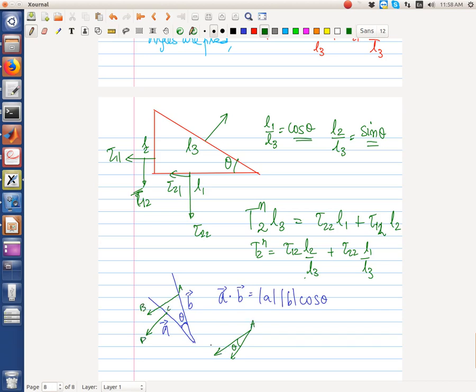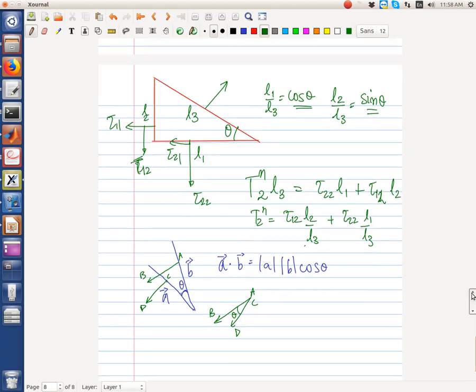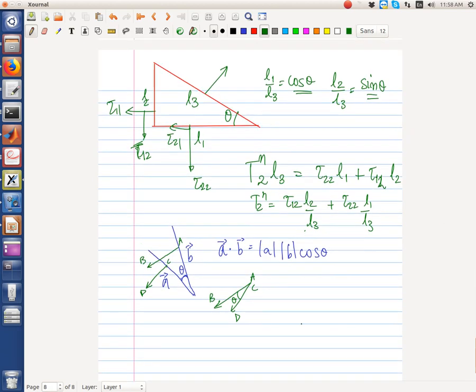So the angle between the two lines and the angle between the two normals to those lines are the same. So similarly over here, in this particular case, we have this and we have this. So this theta is the same as the angle between the two normals.